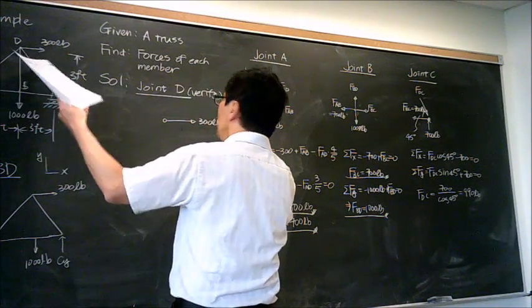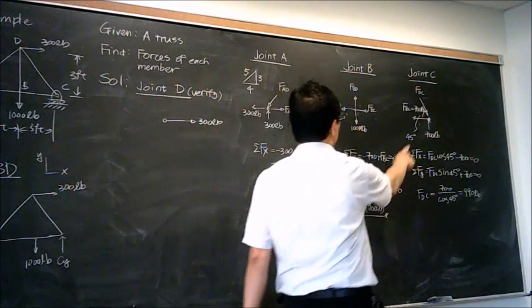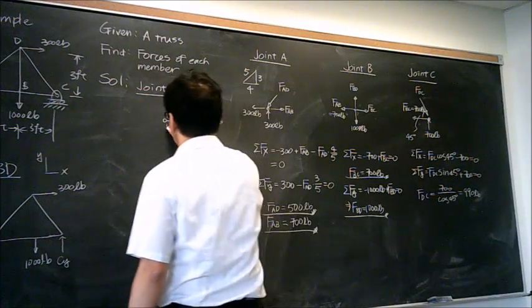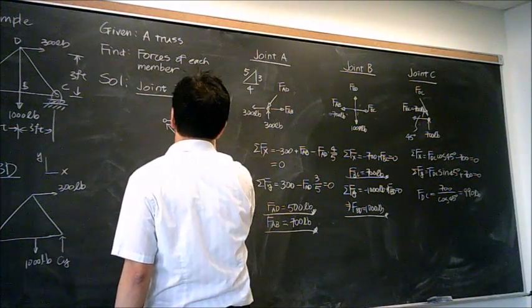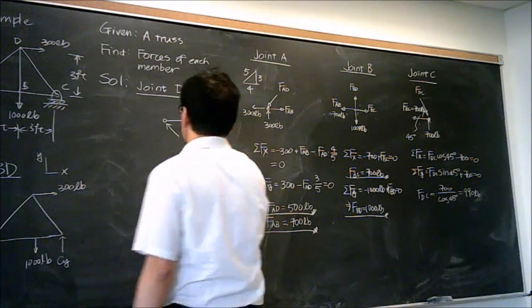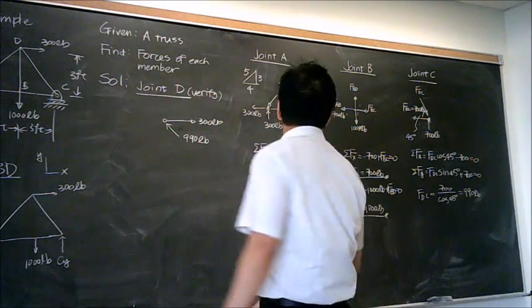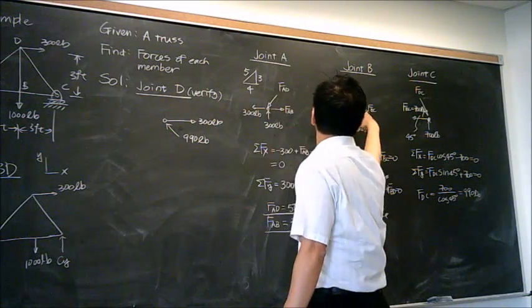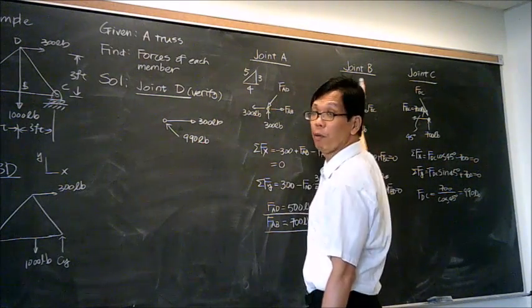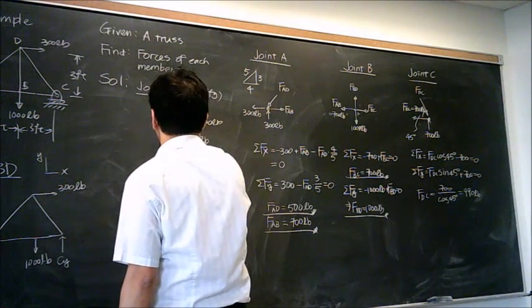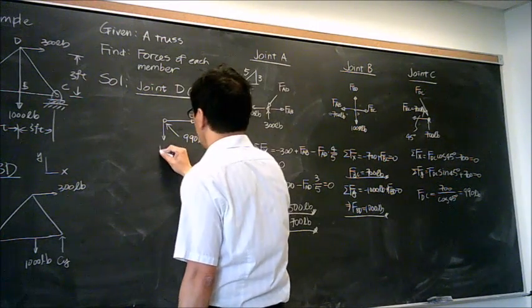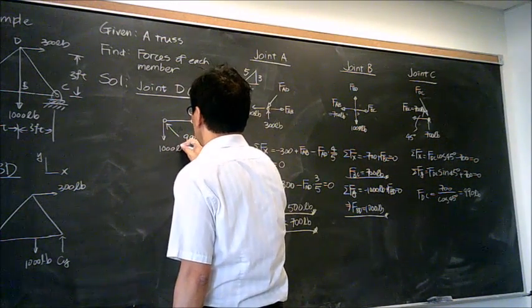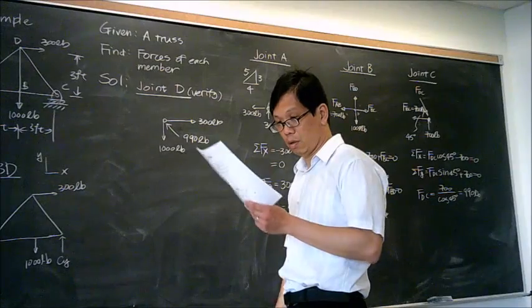from the problem statement. And I have FDC in this direction, which means I should have a corresponding 990 pounds in this direction. And FBD at joint B points upward, so in this case it must point downward. FBD is going to be 1,000 pounds. What else?